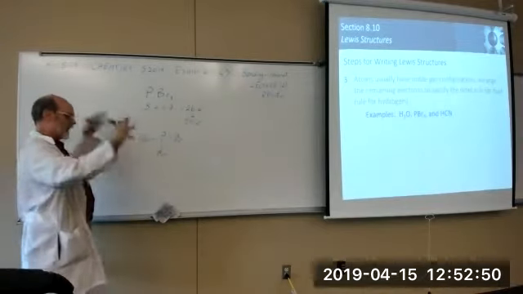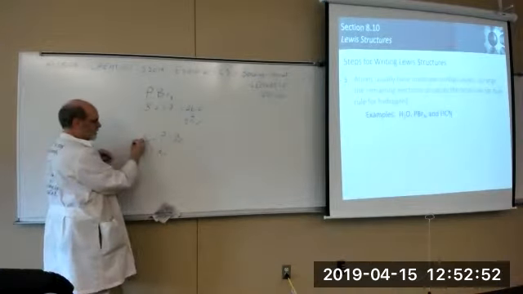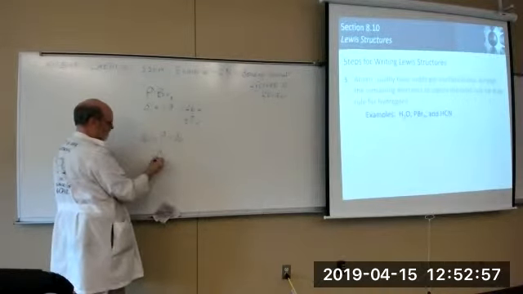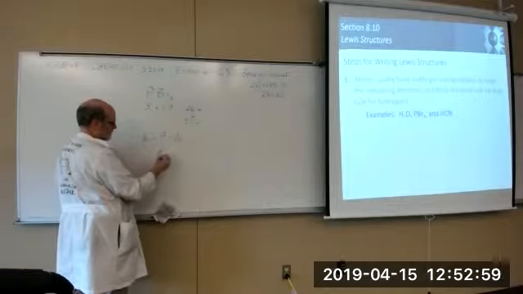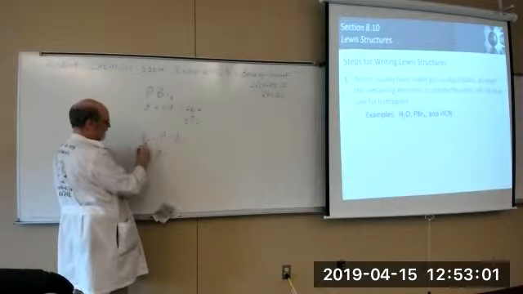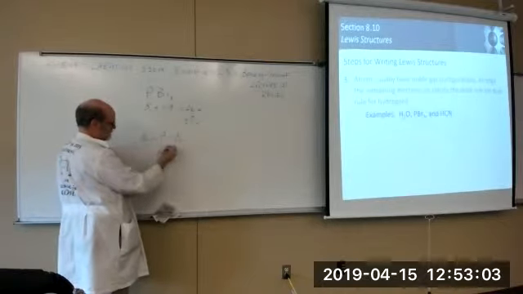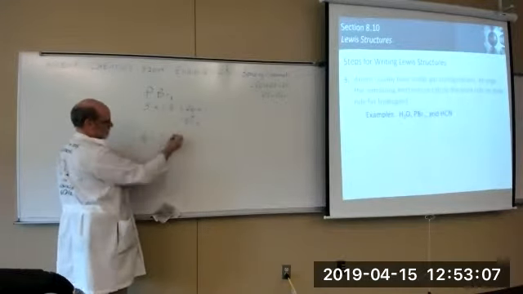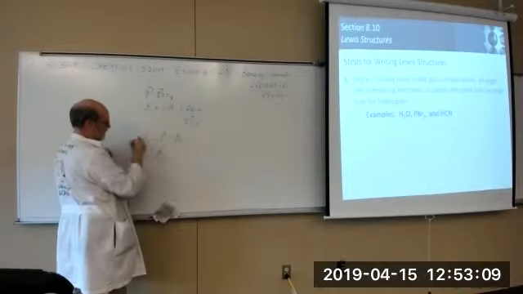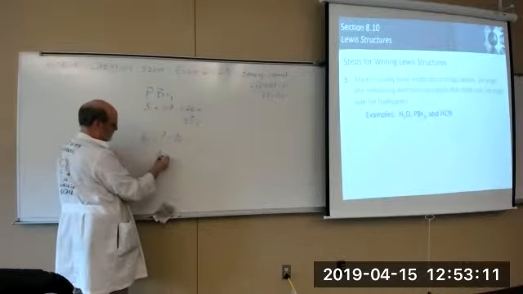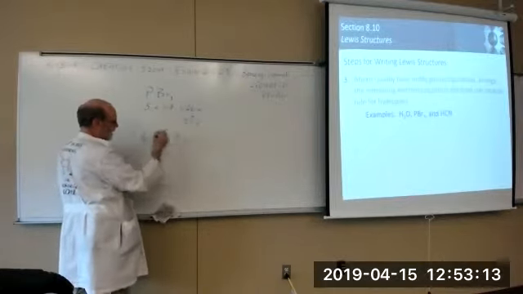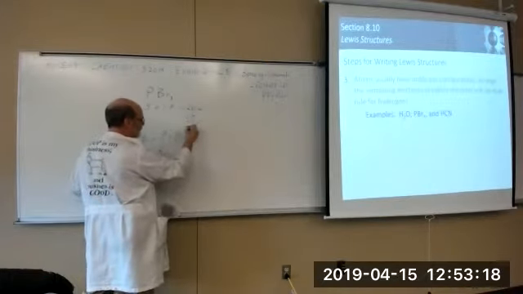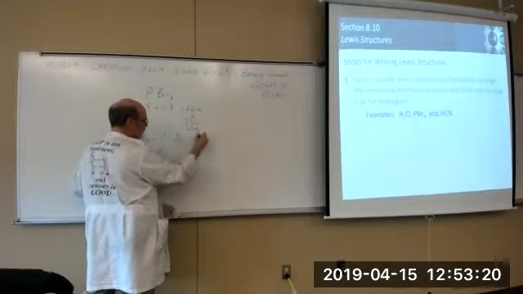Okay, so you start from the outside and work your way in. 1, 2, 3, 4, 5, 6, 7, 8, 9, 10, 11, 12, 13, 14, 15, 16, 17, 18. So we've used up 18 electrons. We've got 2 left over.